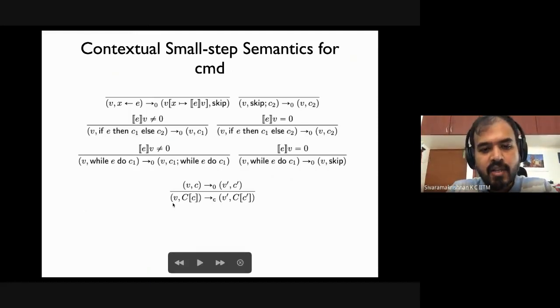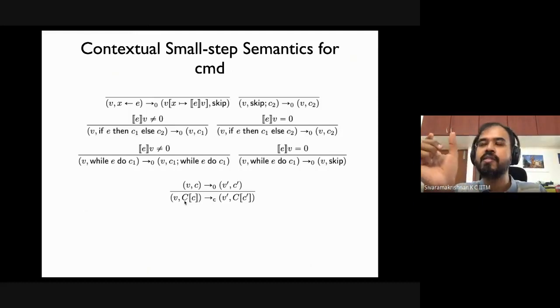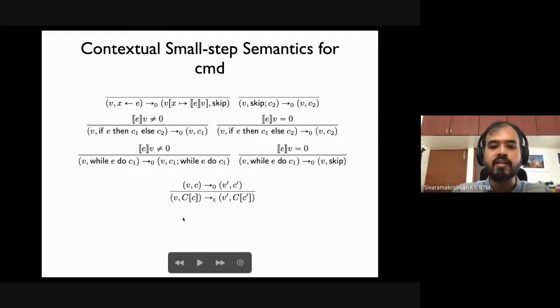Essentially it says that if you have a valuation and a command, and you can split that command into an evaluation context and the actual command C, and you can take a step from V, C using the step 0 relation, which is the interesting set of smaller steps, to V prime, C prime, then this whole thing reduces to V prime, where C prime is plugged into the hole. So you separate out the outer context, take a subcommand and take a single step, then plug the command back into the context.